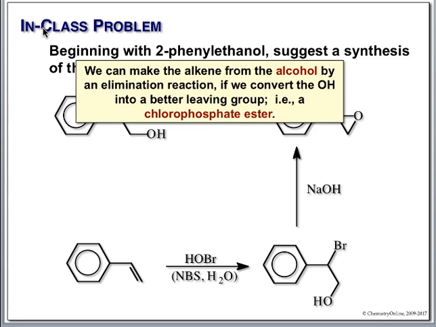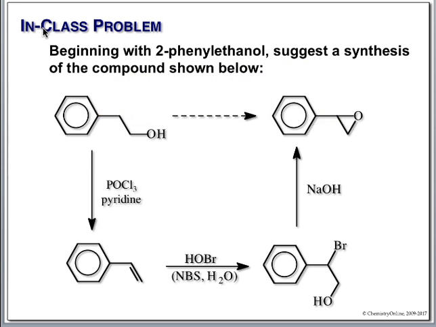I'm sorry, E2 reaction. So how do we convert this to this? Simply POCl3 and pyridine. The pyridine acts as the base, do our intermediate ester, and poof, we have our alkene.